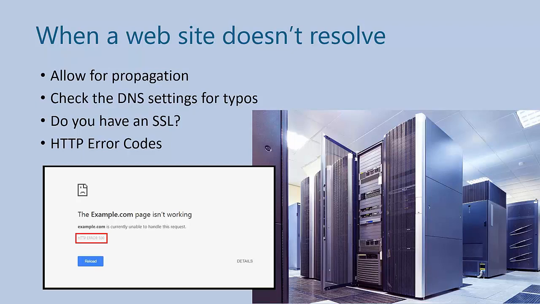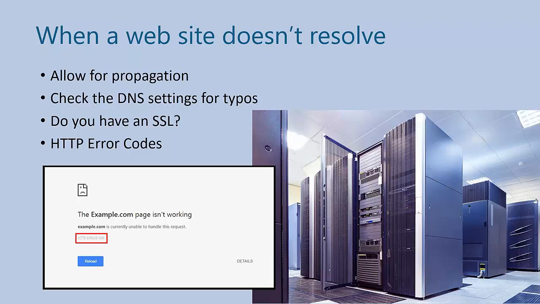So it's really important to always have an SSL on the site itself, so that way users can access the site with no issues. For the fourth bullet, HTTP error codes. So if there's an issue on the server where the domain is hosted, typically it'll throw an error code like in the screenshot below. So it says, for example, HTTP error 500.